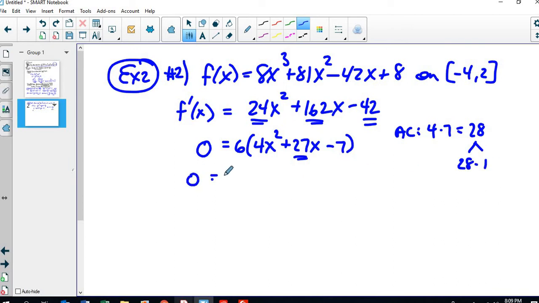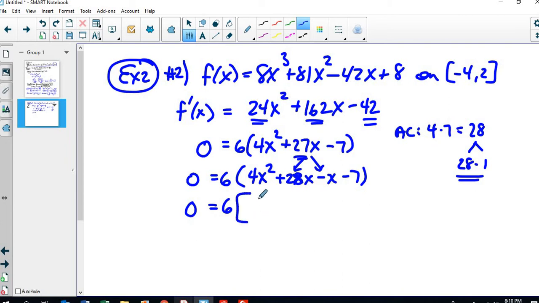And so this is a little bit of factoring help here for you if you don't remember how to do this. 27x comes from 28x minus 1x, and then we can factor by grouping. The 6 is still out front. We factor this 4x squared plus 28x, and then we subtract x plus 7.